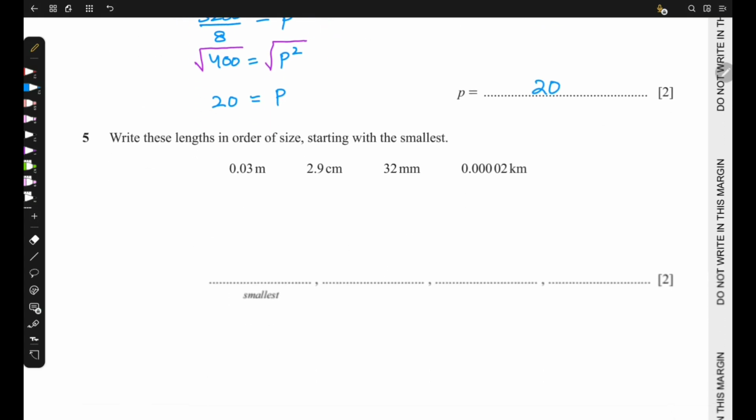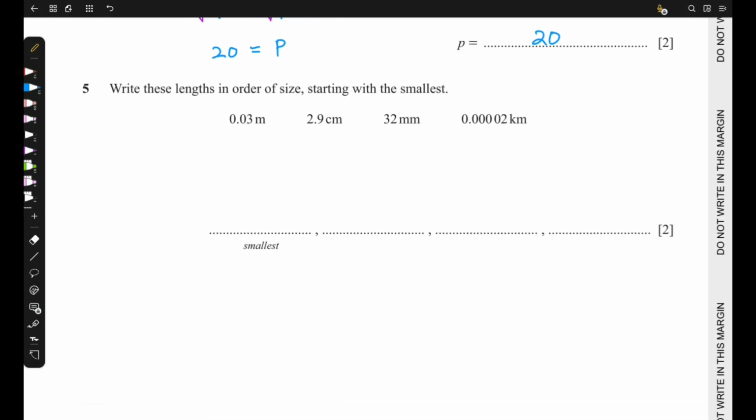Question number 5 says, write these lengths in order of size, starting with the smallest one. So you have to arrange them from smallest to greatest, right? It's best that we convert these values into the same unit. I'm going to convert them into millimeters.